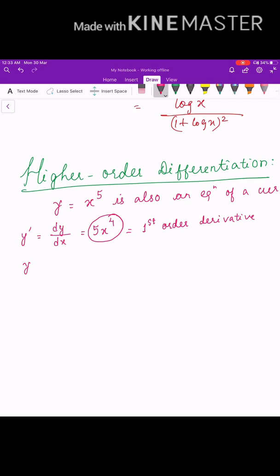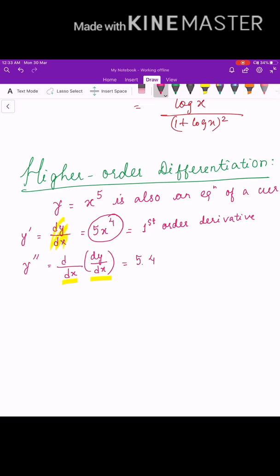If I want to differentiate it further, y double dash, I'm differentiating this expression again, so d/dx of dy by dx, right? Now I have to differentiate 5 into x to the power 4. Already discussed in the last video, if there is any constant multiplied, that constant will appear as it is, and I have to differentiate x to the power 4.